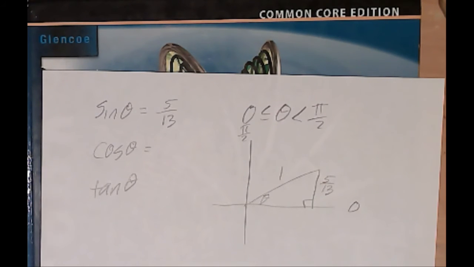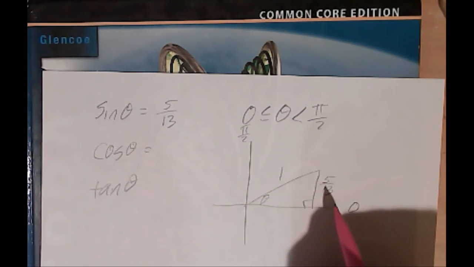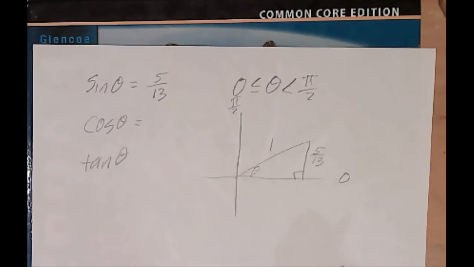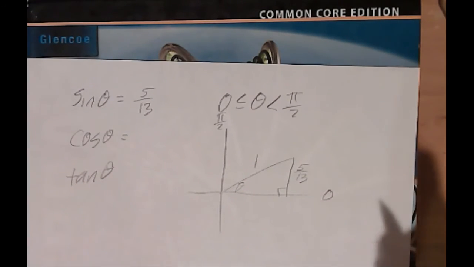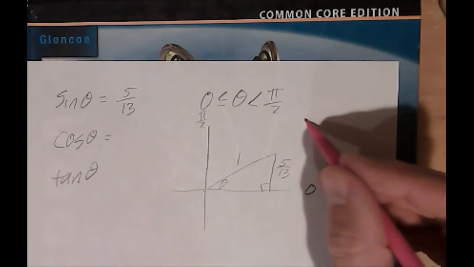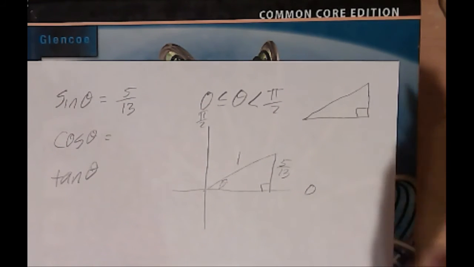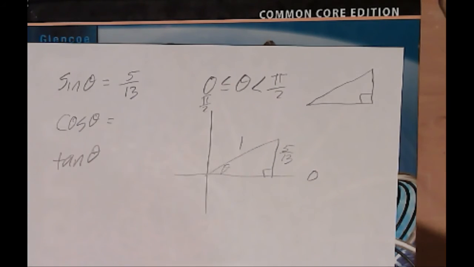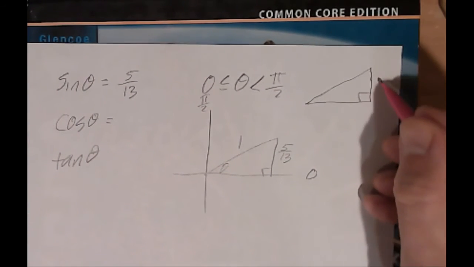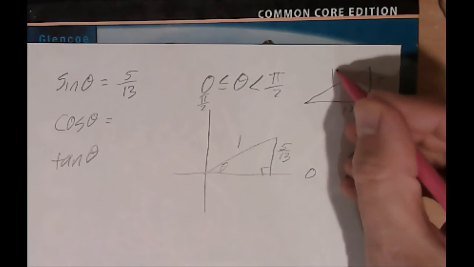When they give you a problem like this, it's probably a Pythagorean triple, like 3, 4, 5, or 5, 12, 13.